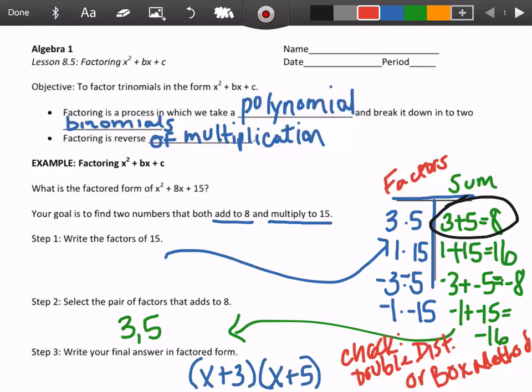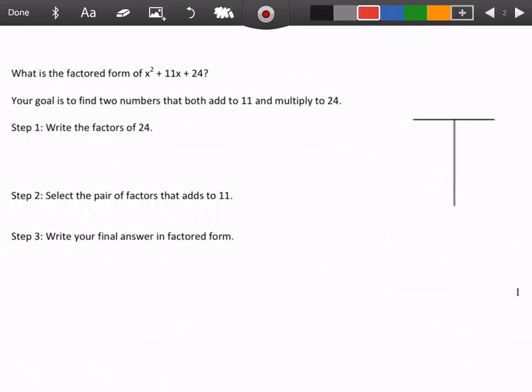Okay, on to our next example, which is still on page 1 of the notes. At the bottom, we see x squared plus 11x plus 24. We want to find numbers that add to 11 and multiply to 24. So again, we're going to write our factors over here.